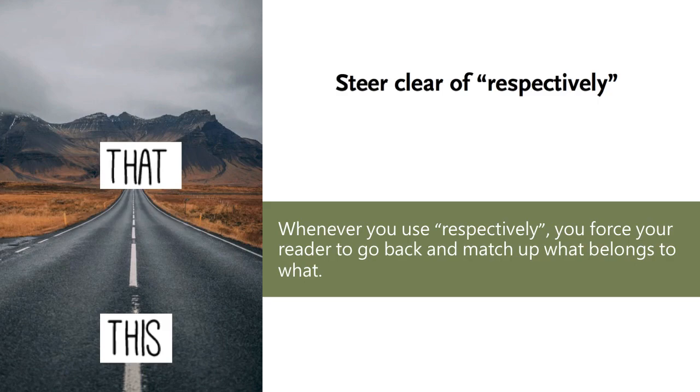Whenever you use "respectively," you are forcing your reader to go back and match up what belongs to what. You may be saving some words, but your reader has to spend more time and read your words twice to understand what you have written.